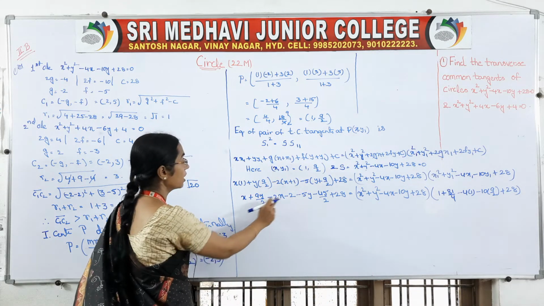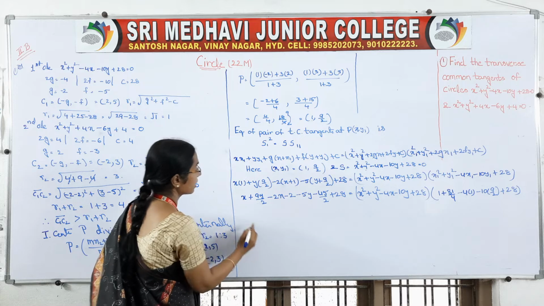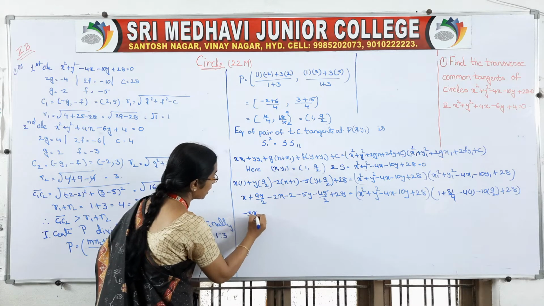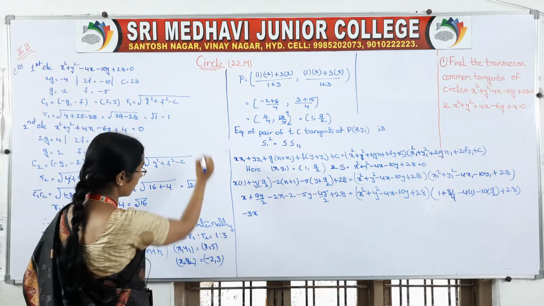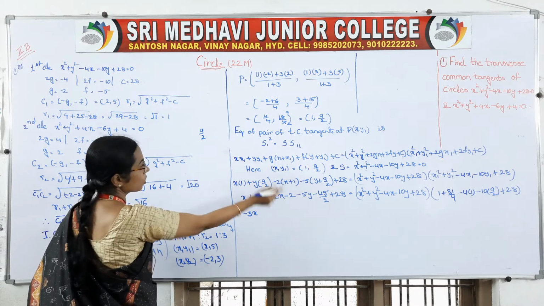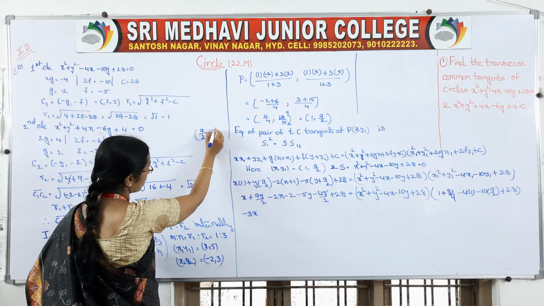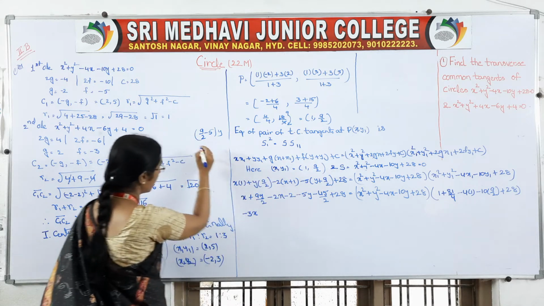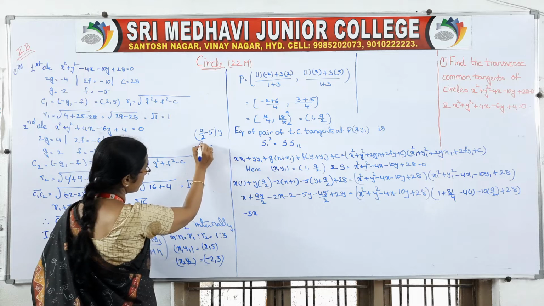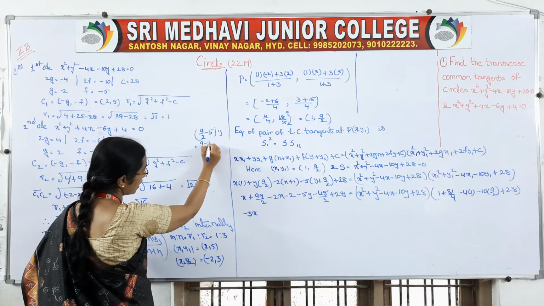Okay, write the x terms together: x minus 2x minus 2x. Now the y terms, how do we take them? 9 by 2 minus 5, if we take y common, 9y by 2 minus 5y. So 2 is the LCM, 9, and 2 fives are 10.